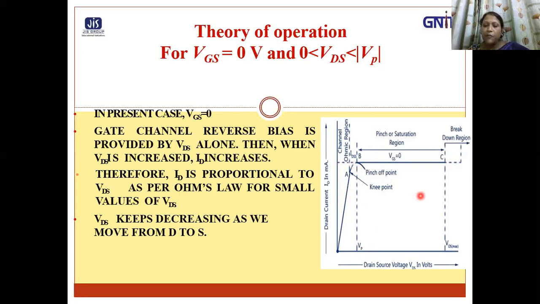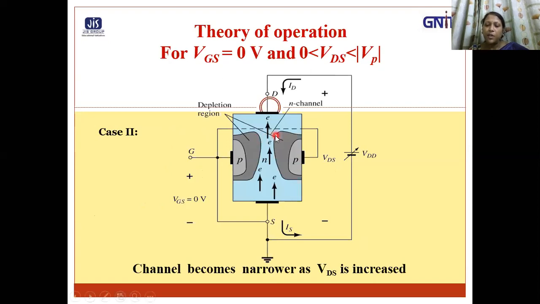It is seen from the figure that under this pinch-off condition, if you go to the previous slide, the separation between the depletion regions near the drain region reaches a minimum value.